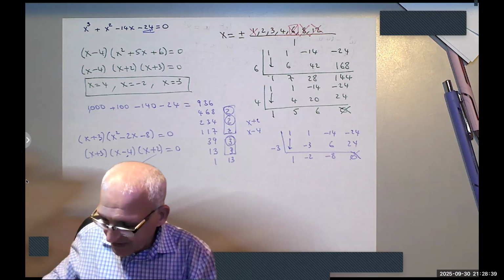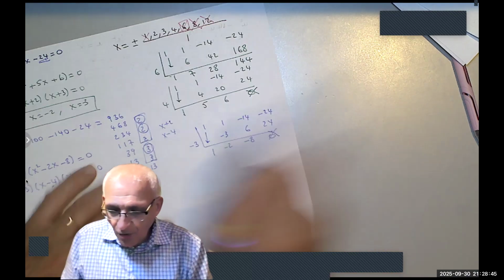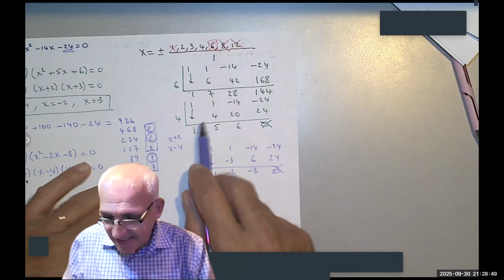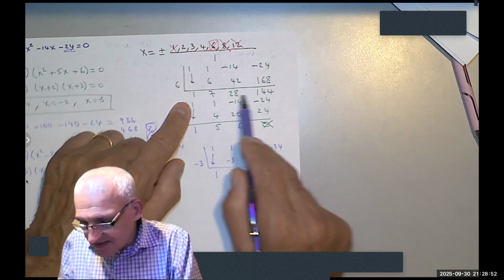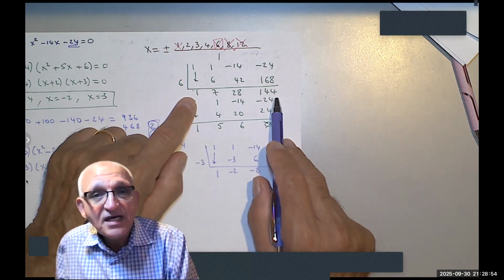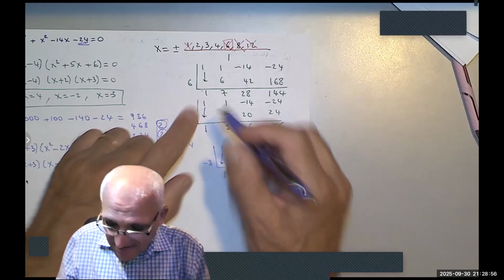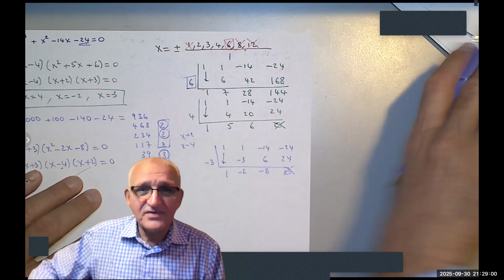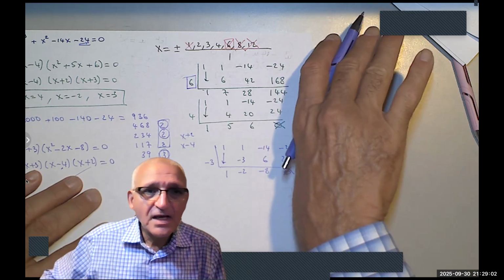I mentioned something. When you do the synthetic division with a number in the middle and you get all of these remainders positive, 6 becomes an upper limit. So don't check the 8 or the 12. That would be a waste of your time.